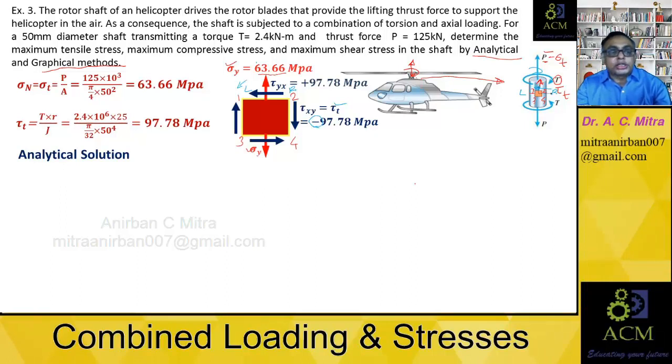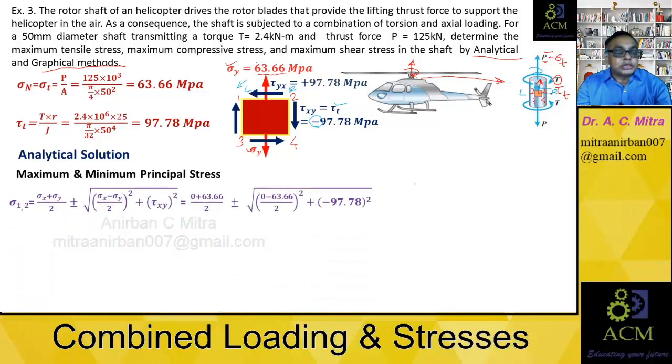So first we check the analytical formula. Maximum and minimum principal stress formula is this: sigma 1 and sigma 2 is equal to sigma x plus sigma y by 2 plus minus under root of sigma x minus sigma y by 2 whole square plus tau xy square. With the proper sign conventions, we need to put all the values here.